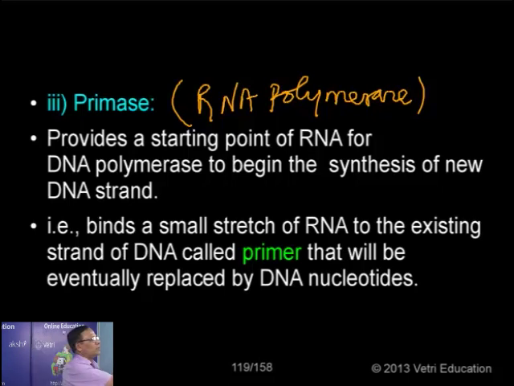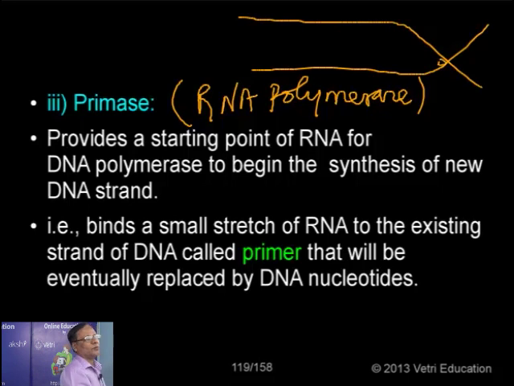So at the point of the replication fork, maybe this is the replication fork, a small stretch of RNA is laid down to initiate the replication process. This is laid down on the existing DNA template strand. Now this is the DNA template strand.